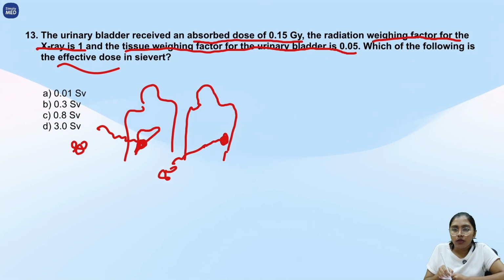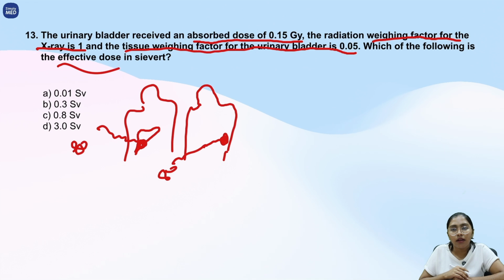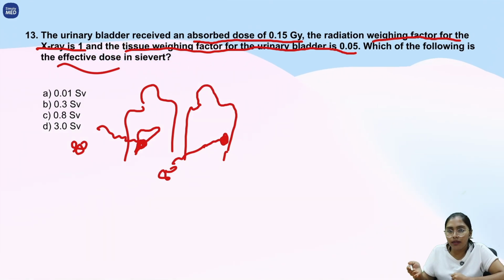So will both of these persons have the same effect? No, right? Because the radiosensitivity of these two organs is different. And suppose I expose them with the same energy to the same organ, but use different radiation: for one person I give X-ray, for the other I give alpha radiation or gamma radiation. Will the effect be the same? No, then also the effect will be different, right?